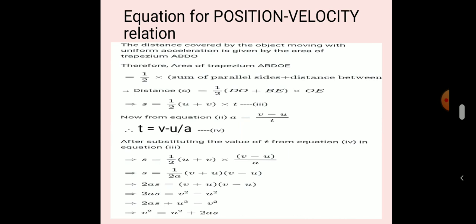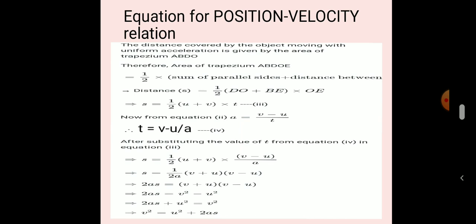So we can write the distance covered by that object as 1 half DO plus BE into OE. So we can write S is equal to 1 half U plus V into T.